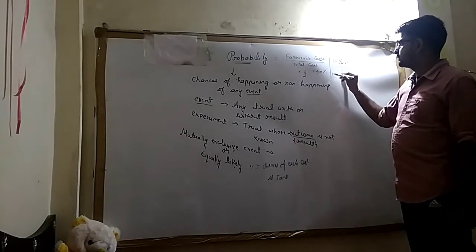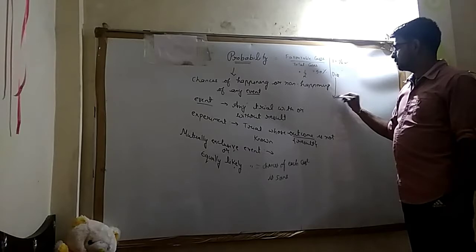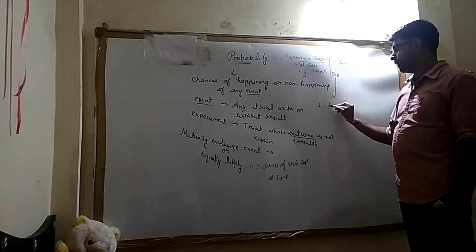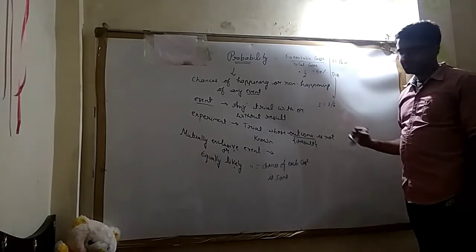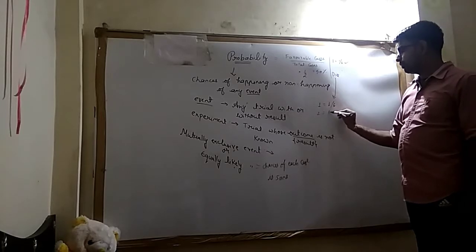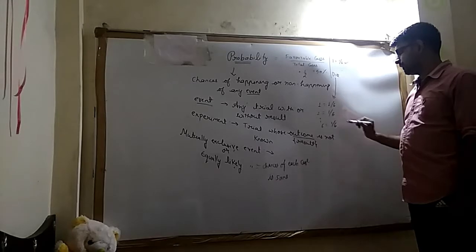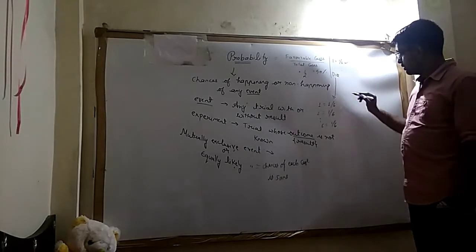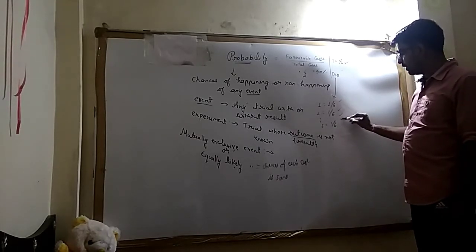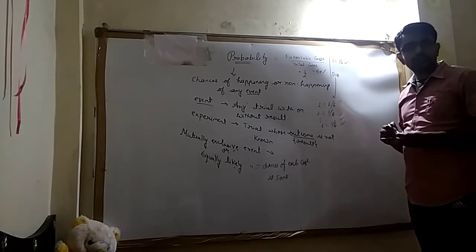Talking about the dice, probability of getting 1 is 1/6. Probability of getting 2 is also 1/6, and you will find that probability of getting 6 is also 1/6. So see, the chances of each and every outcome is the same.